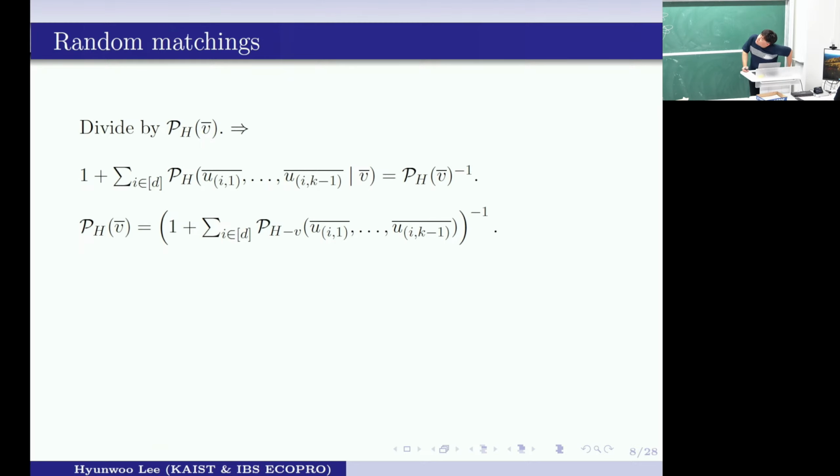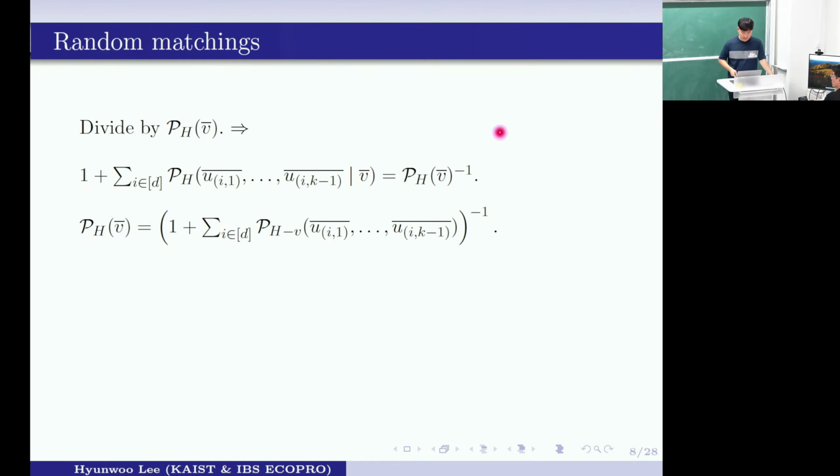Conditioning on the event that v bar holds means that we choose a random matching from H minus v, because conditioning on the event that the random matching does not cover the vertex v means just choosing a random matching in H minus v.